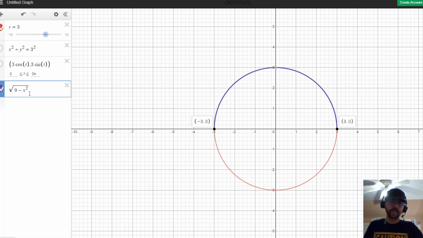So alternatively, we can say area equals the integral from -3 to positive 3 of positive square root of 9 minus x squared dx. That'll give us the top half. Then we say plus the bottom half.